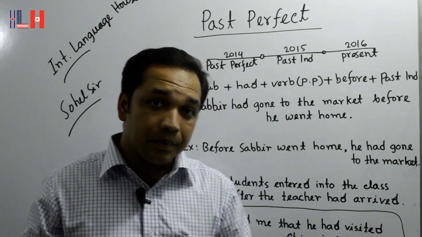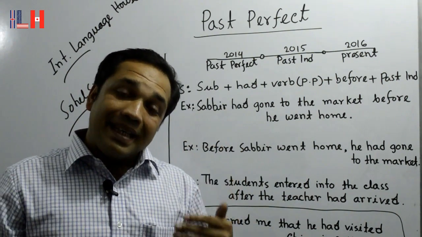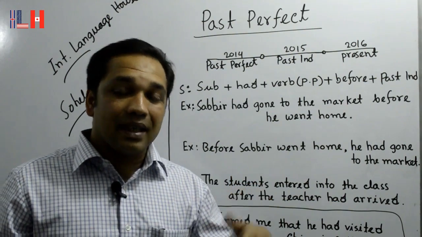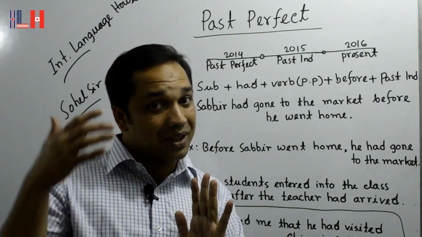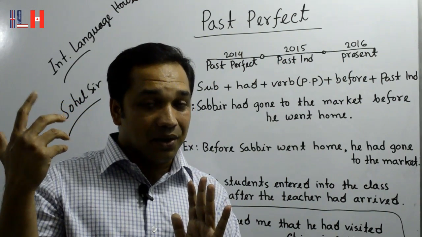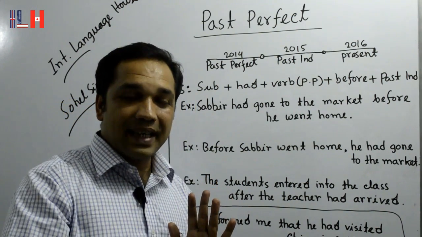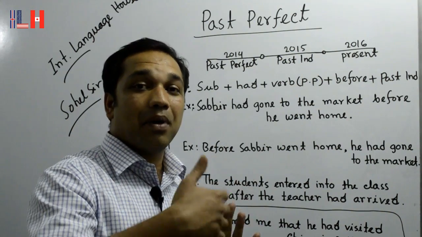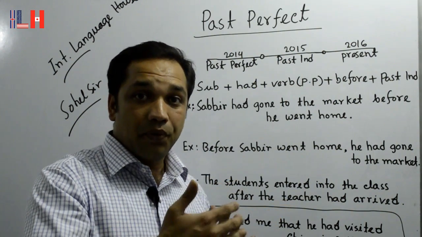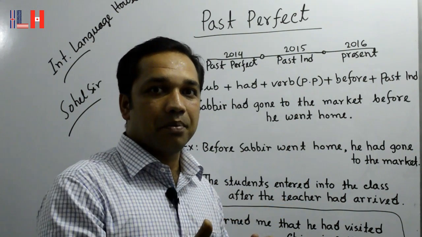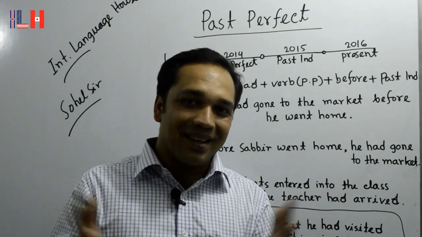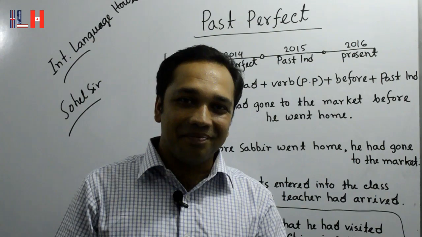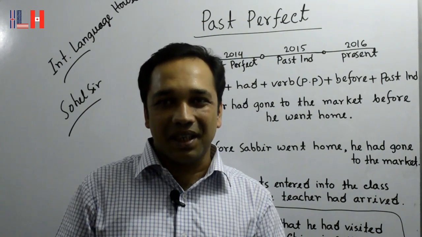You can say the train had left the platform, that incident happened first in the past. So the train had left the platform before I arrived. You are unlucky that you arrived late, and that's why you missed the train. There are so many incidents like that.